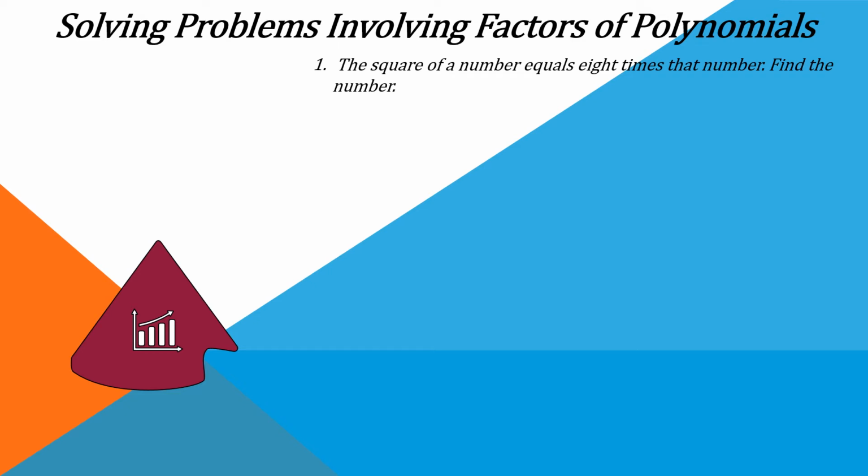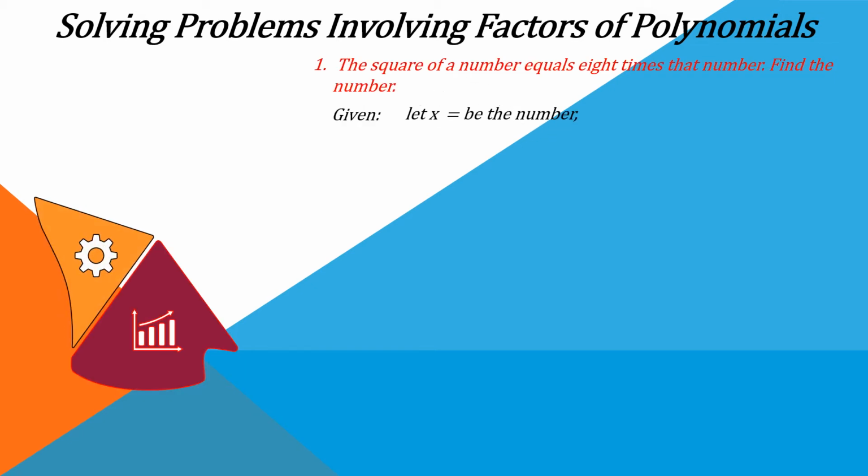In this example, the square of a number means x squared. If we let a number be x, then x squared is equal to 8 times that number, or equal to 8x. Given, let x be the number.